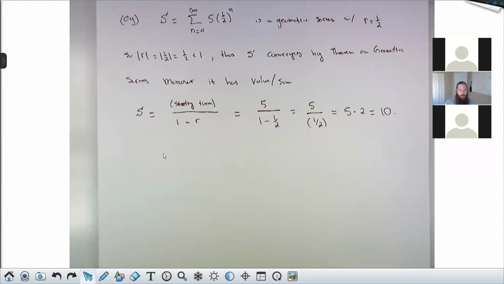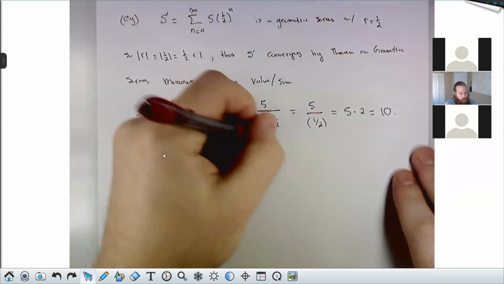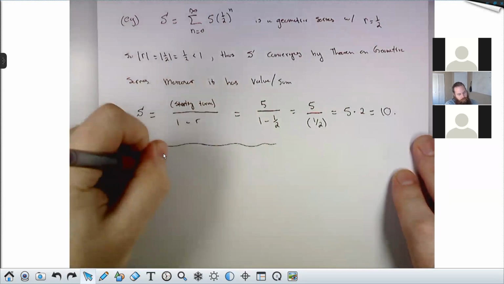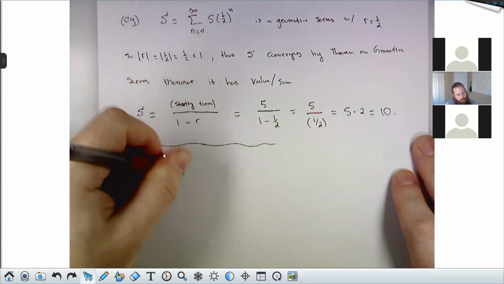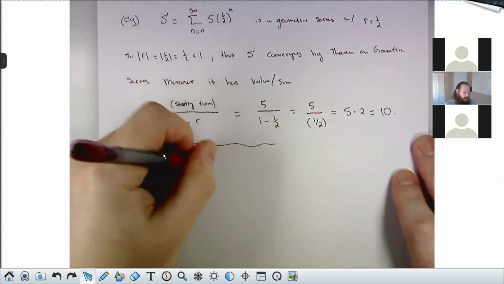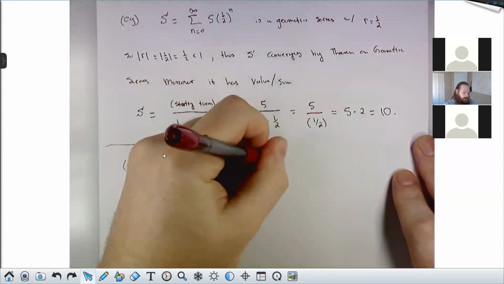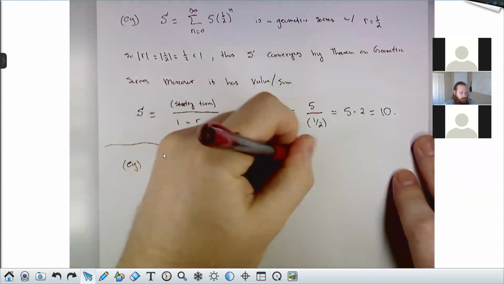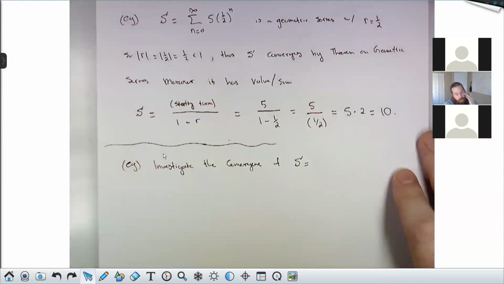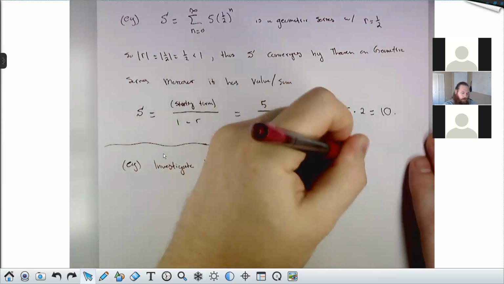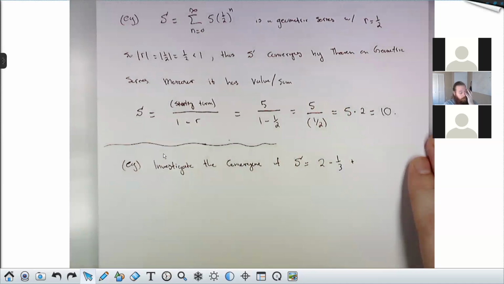I'll do one more quick example with geometric series. So I'm going to investigate the convergence of the series. And let's make it 2 minus 1/3 plus, what am I doing here?